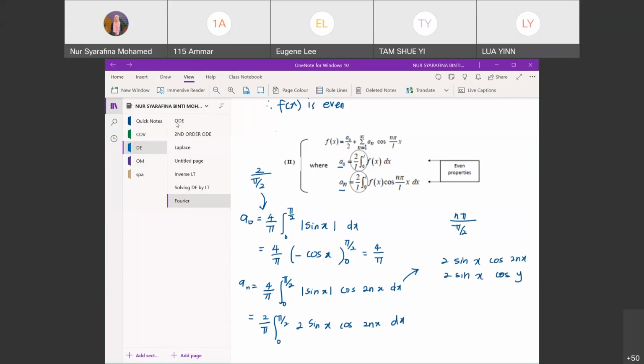It comes from the identity of sine (x plus y) plus sine (x minus y). So from here, x is x and y is 2n x. Okay. So we have sine (x plus 2n x) plus sine (x minus 2n x). So this is from the identity.